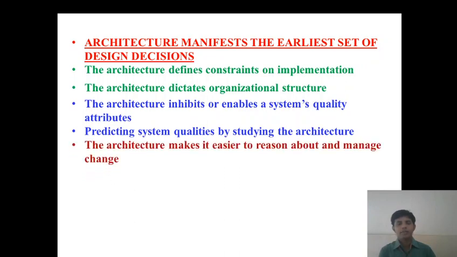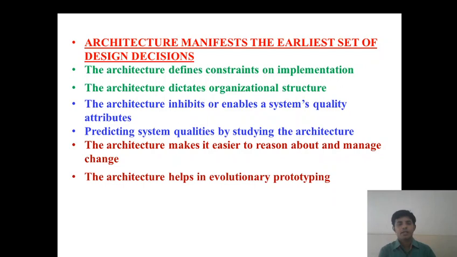The architecture makes it easier to manage changes before implementation of your project. If you observe the architecture, we can identify what the difficulties are and what easy changes we can apply.